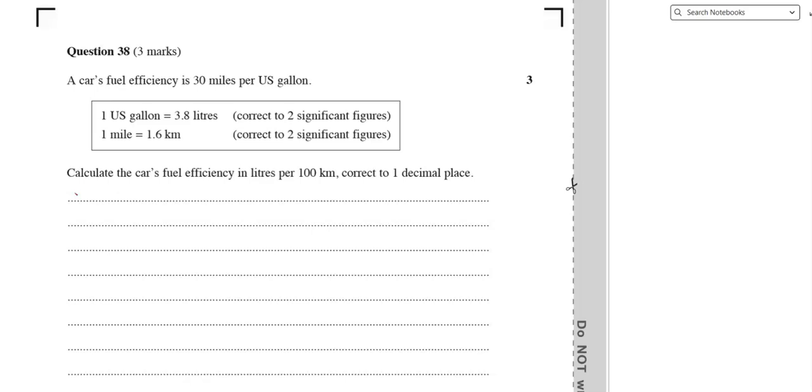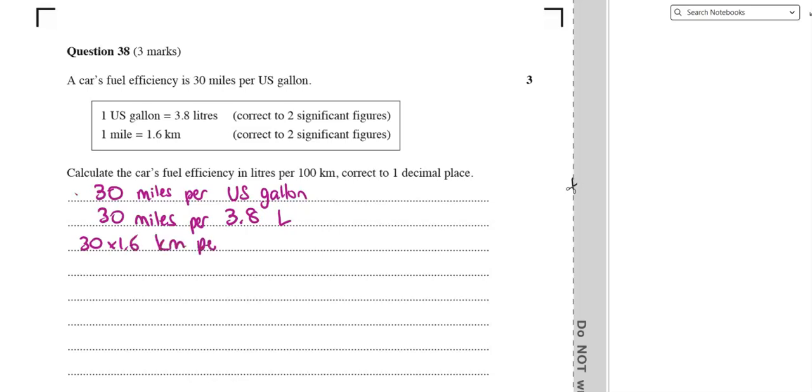All right, so we are given miles per US gallon and we want to work our way towards litres per 100 kilometres. So let's just do this step by step. Initially we know 30 miles per US gallon, and a US gallon is worth 3.8 litres, so it's 30 miles per 3.8 litres, and now I want to get it into kilometres. 30 times 1.6 kilometres per 3.8 litres.